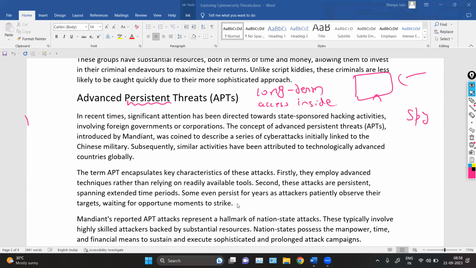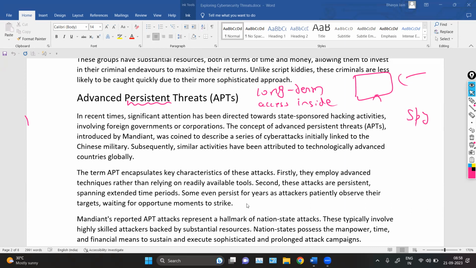Which means that malware has gained access to your system for a long term, until any SOC analyst or any security professional removes that malware. So persistence is all about gaining a long-term access inside any target.